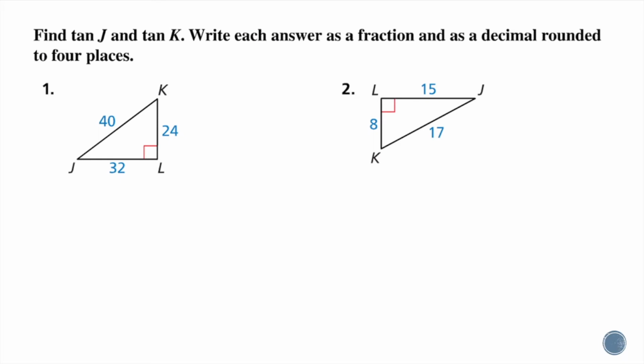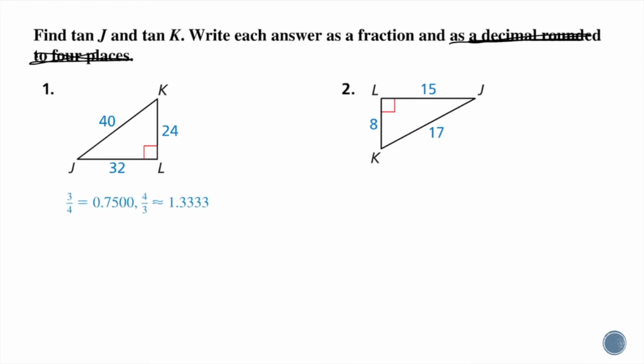Now I'd like you to try. Find tangent of J and tangent of K, and write each answer as a fraction. Don't worry about a decimal at this time. It's just using your calculator. Great.